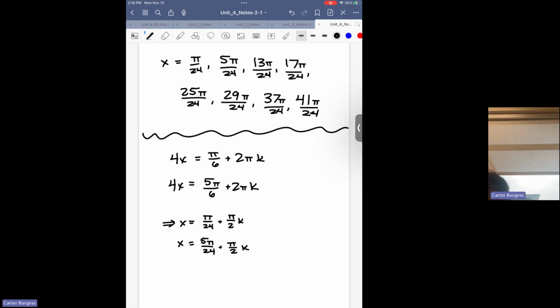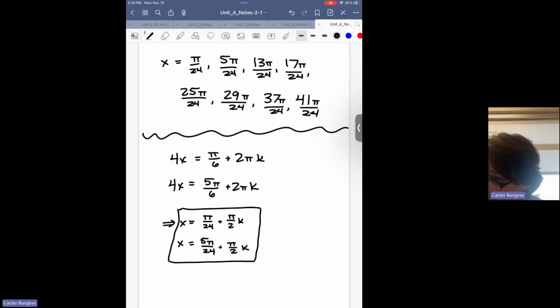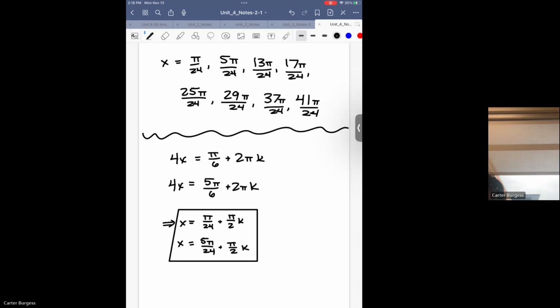And then we could check, we could add pi over 2 until we are outside of being between 0 and 2 pi, and we would get the exact same set of solutions that we see. And so that would also work. That's the way to do it without doing u substitution. And this, without our parameter, would be the representation for all of the possible values of x that we could end up with.